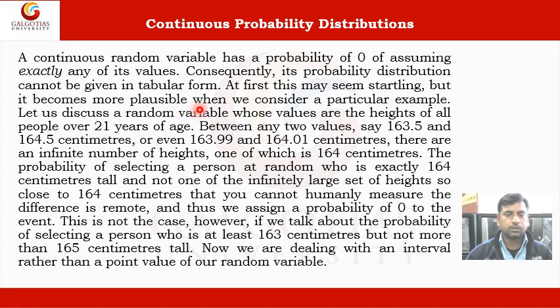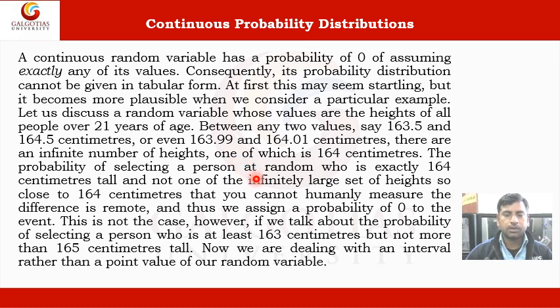At first, this may seem startling, but it becomes more plausible when we consider a particular example. Let us discuss a random variable whose values are the heights of all people over the age of 20. Between any two values, say 163.5 and 164.5 centimeters, or even 163.99 and 164.01 centimeters, there are an infinite number of heights, one of which is 164 centimeters.